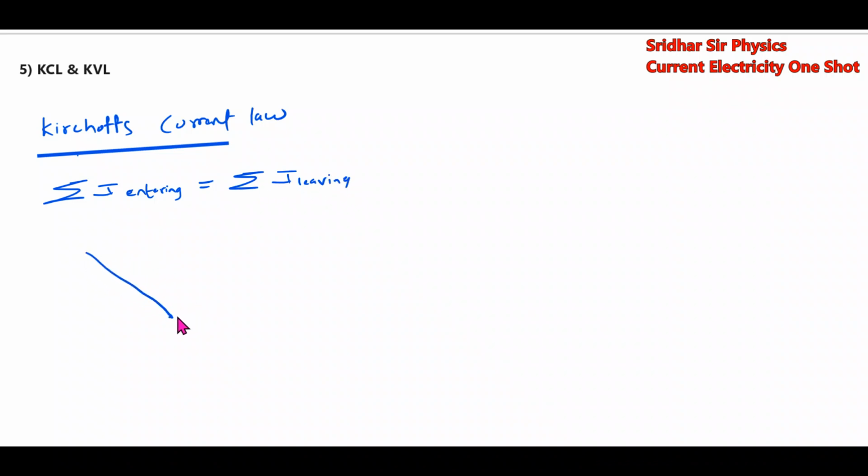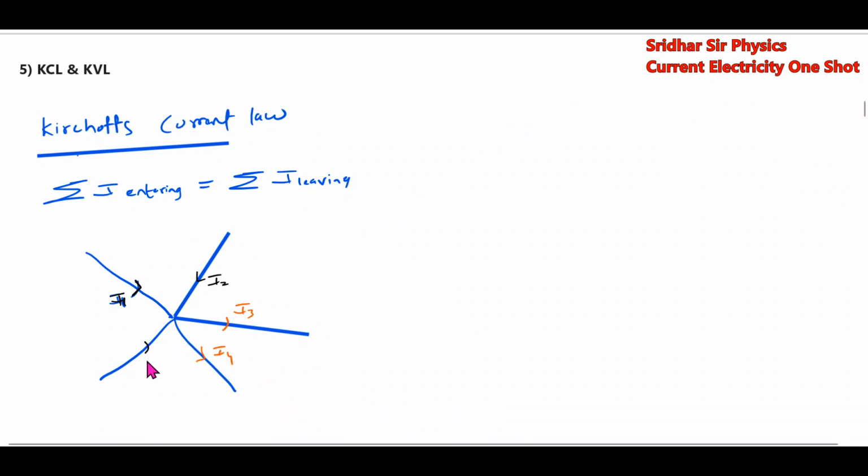Suppose this is the junction we have. The currents entering are I1, I2, and even I5 let it enter, and the currents leaving are I3, I4. And this is based on the conservation of charge principle.